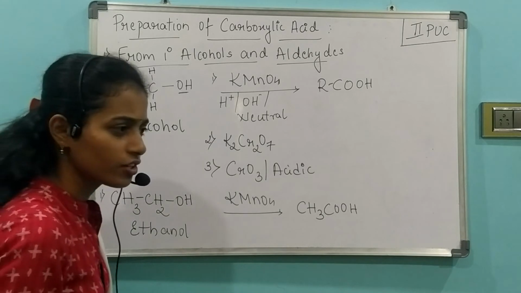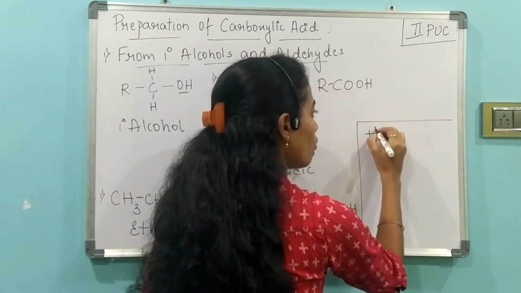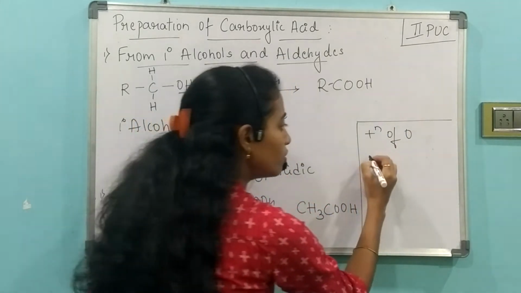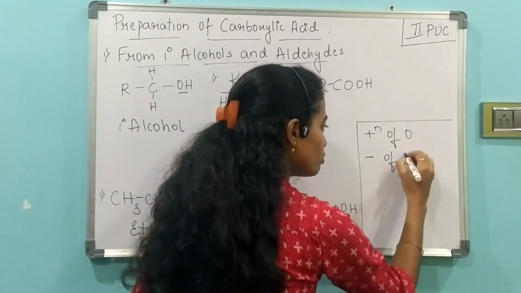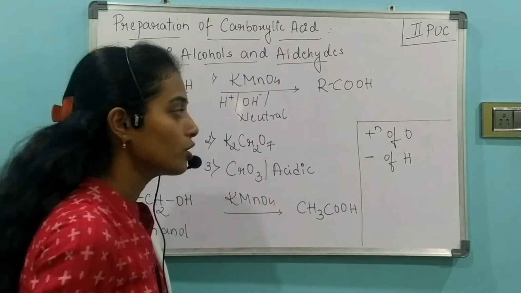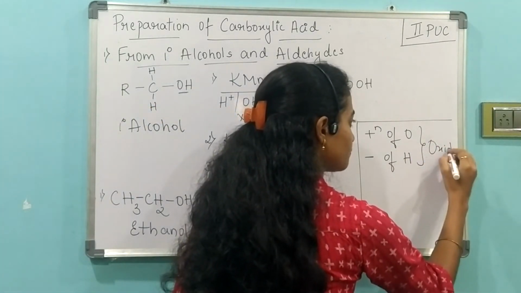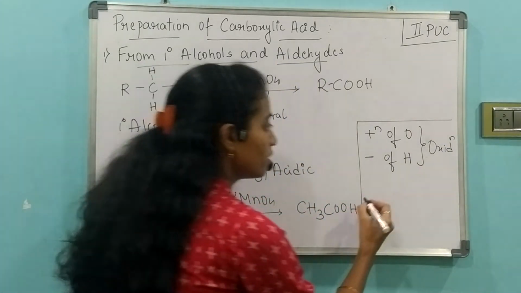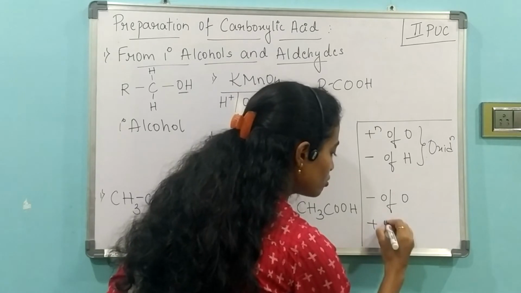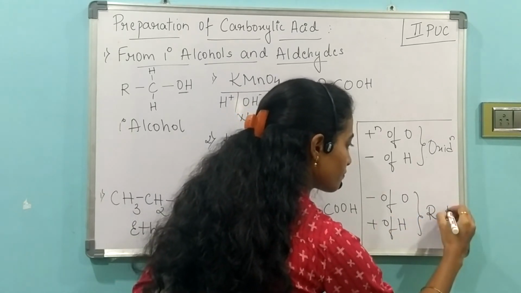Fine. So here I'm using potassium permanganate and oxidation is taking place. So what is oxidation now? Addition of oxygen or removal of hydrogen, you call it oxidation. Whereas removal of oxygen and addition of hydrogen, you call it reduction.